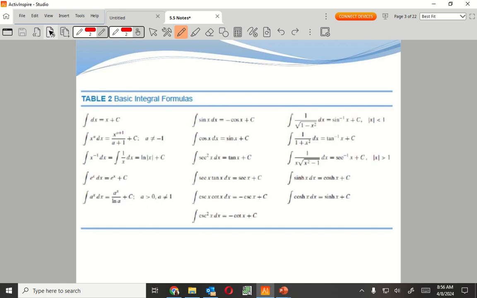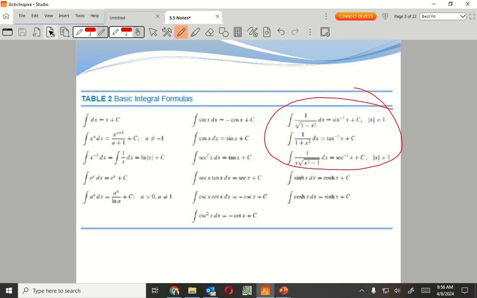Okay, you actually have this in the packet of stuff that I gave you. I left it on the slide also, but it's in that packet of about 6 pages. A lot of these are things you're going to use, and these ones are important.